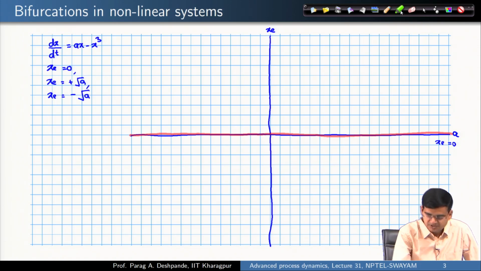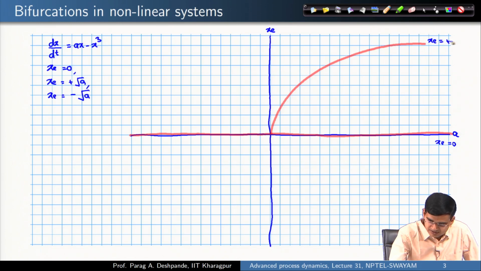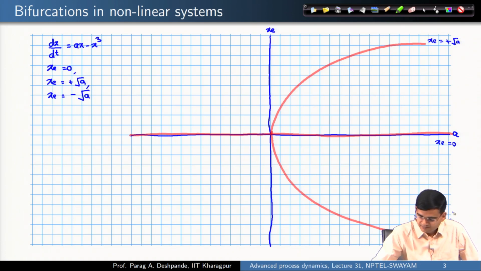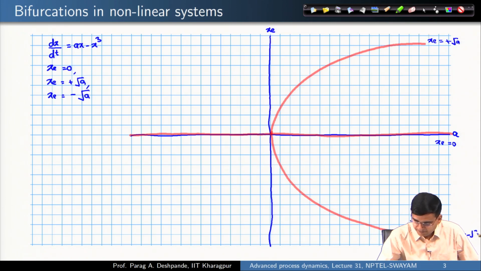My second solution is x e is equal to plus root a, and my third solution is x e is equal to minus root a.